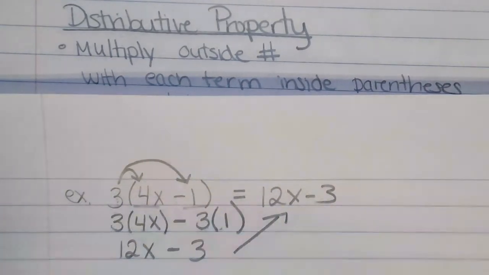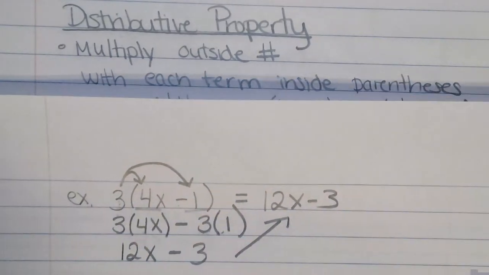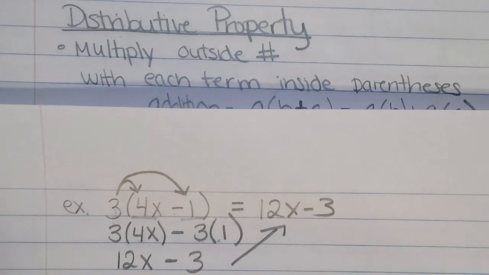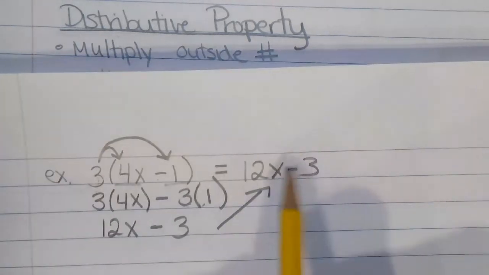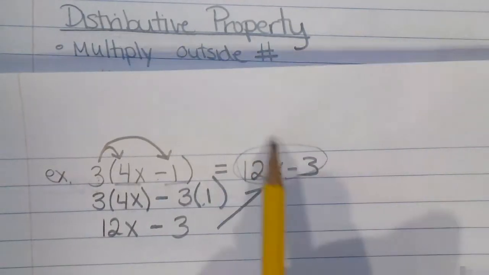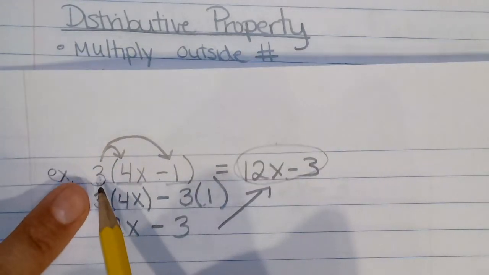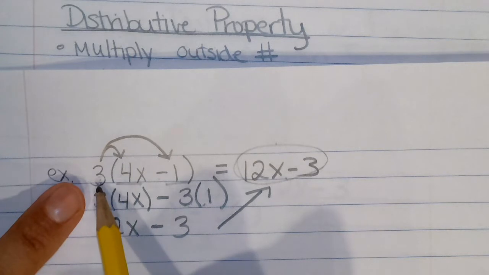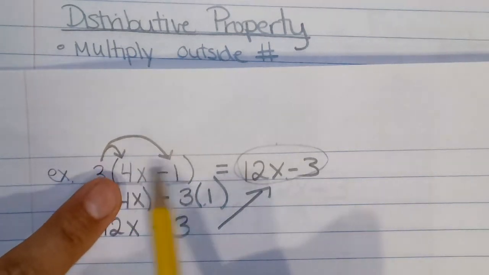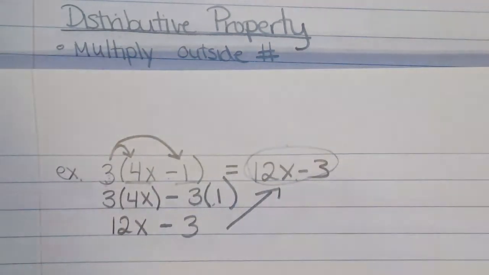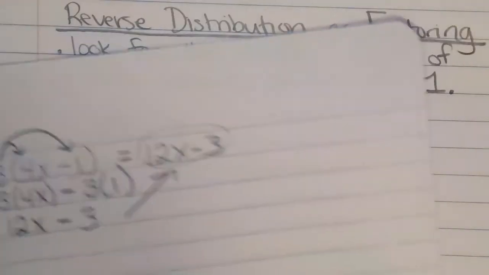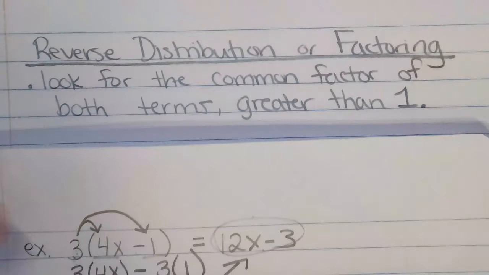We can also use the distributive property in reverse order. Going from this and working our way back to figure out an equivalent expression where we have a number times something in parentheses. That's called reverse distribution.